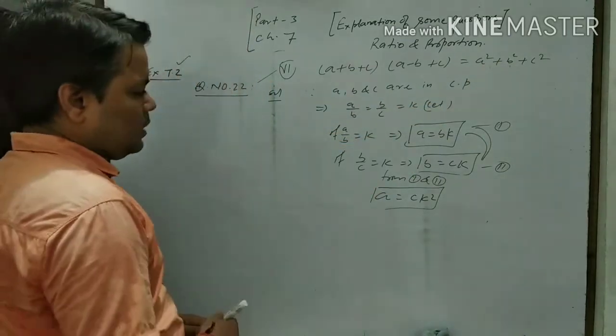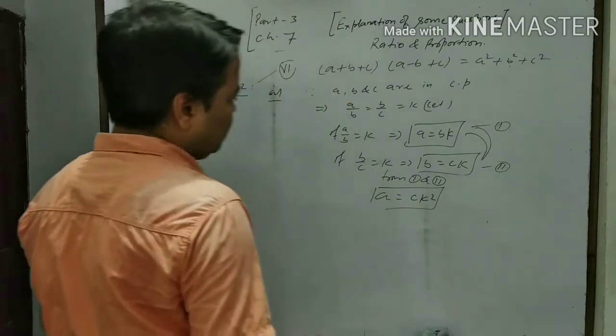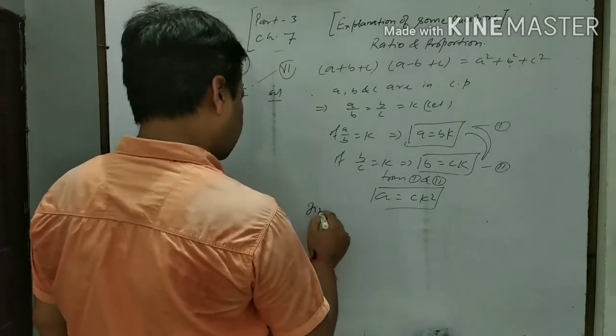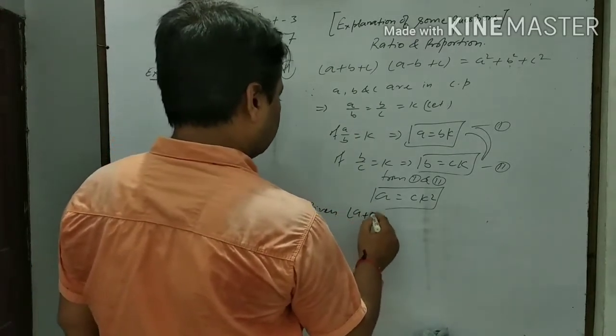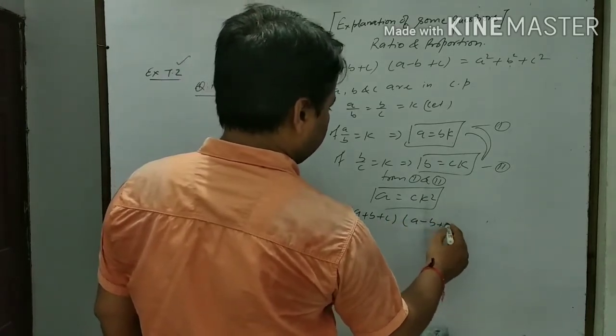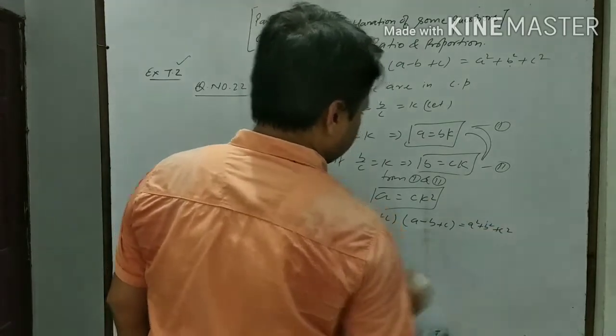Okay, how do we do it? Since we know the value of A given, here given (A plus B plus C) into (A minus B plus C) is equal to A square plus B square plus C square.